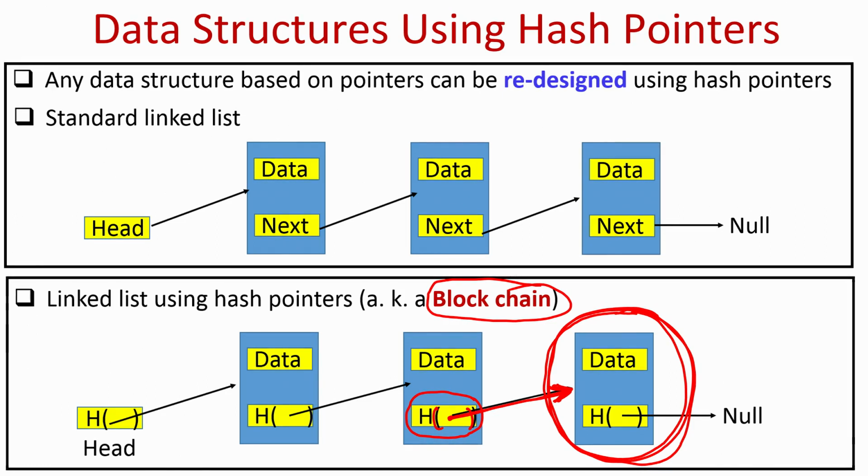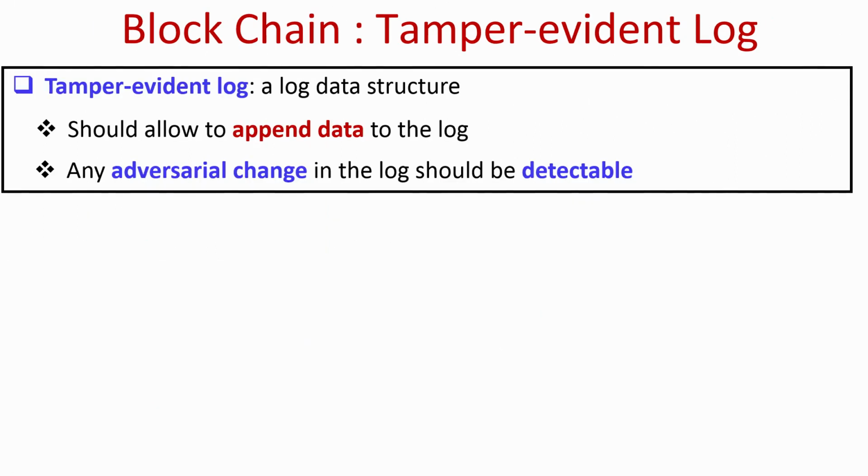That means, you have a sequence of blocks, each block has its own data part and a short hash, or a short summary, of the entire content of the block after it, and so on, and like that you have a short summary of the entire blockchain, or the entire linked list, which is nothing but the hash value of the head data block.